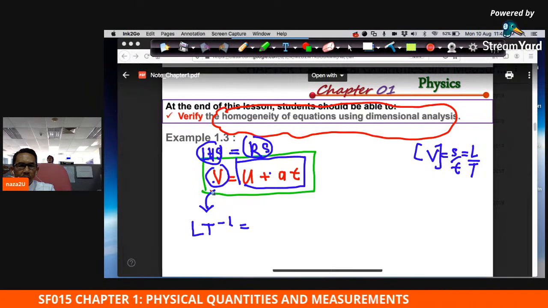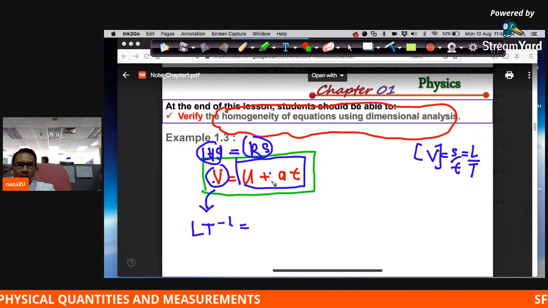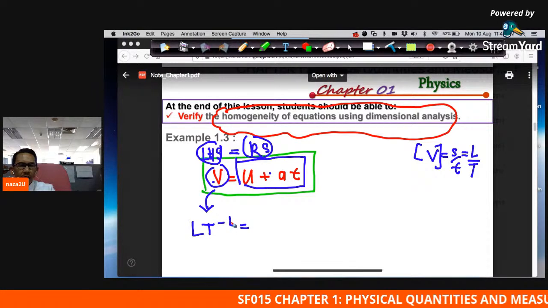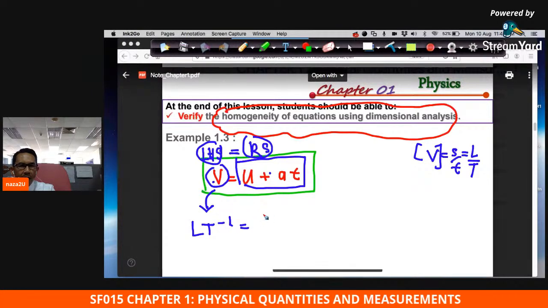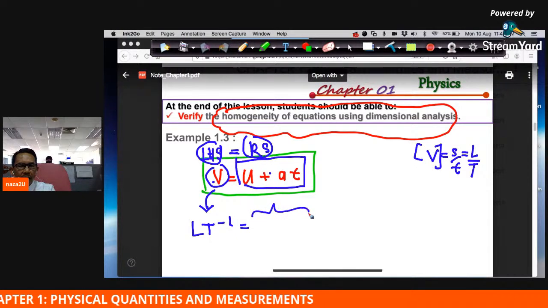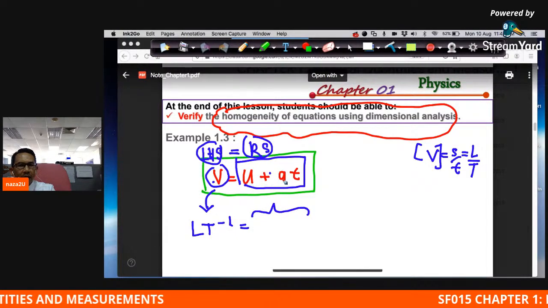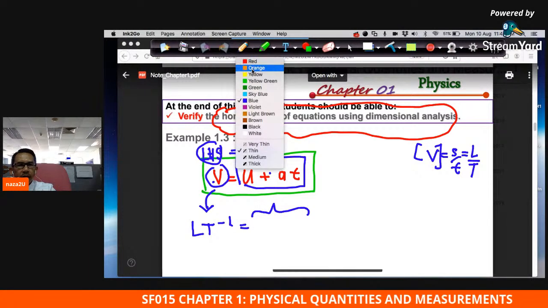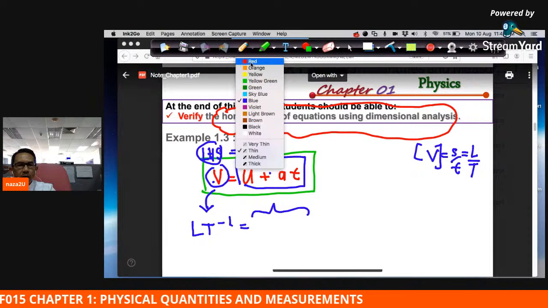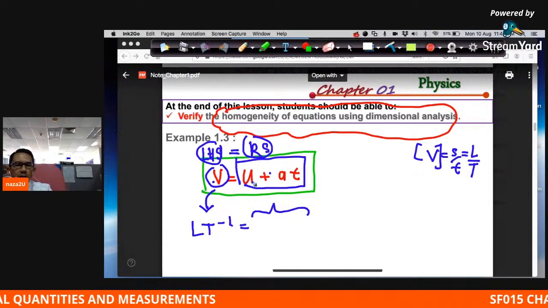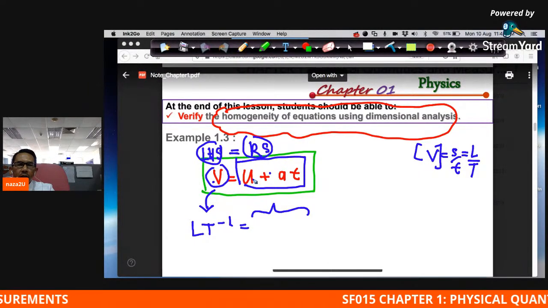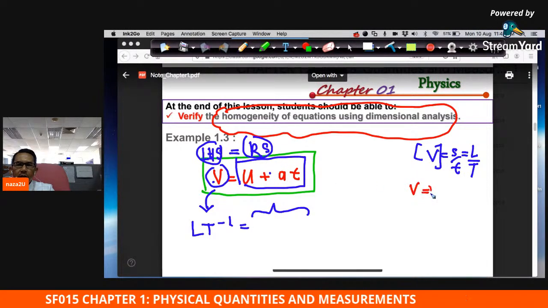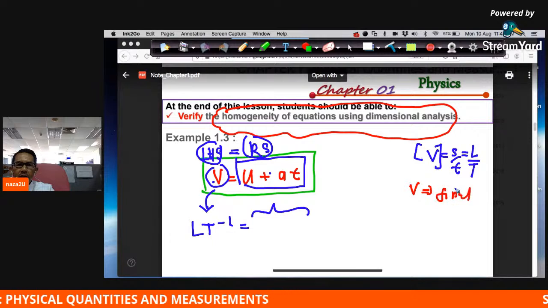But if you look at the equation here, let's say the velocity dimension is LT minus 1. So kita kena pastikan di sebelah sini, di sebelah kanan ni mesti dimensi dia adalah sama. So bagaimana kita nak buktikan dia? Right? So U is a velocity. This is V is a final velocity.